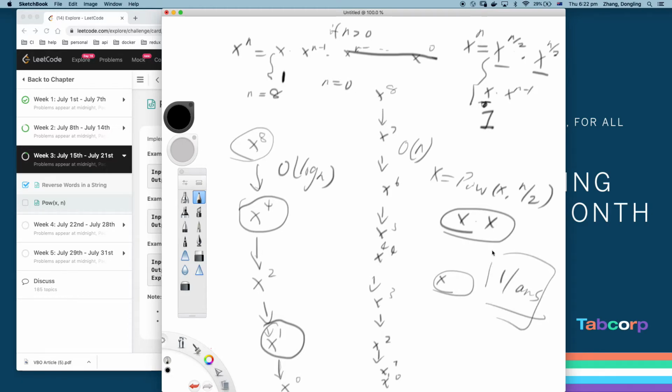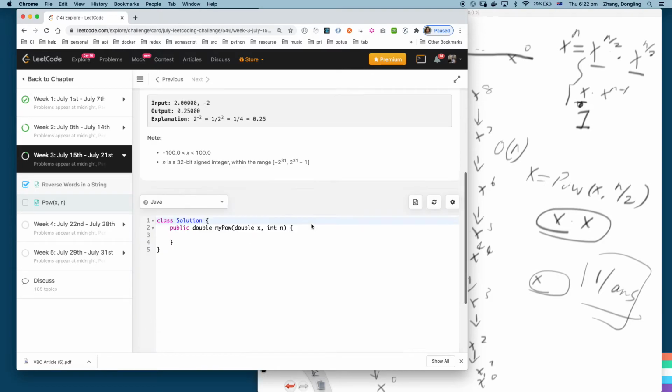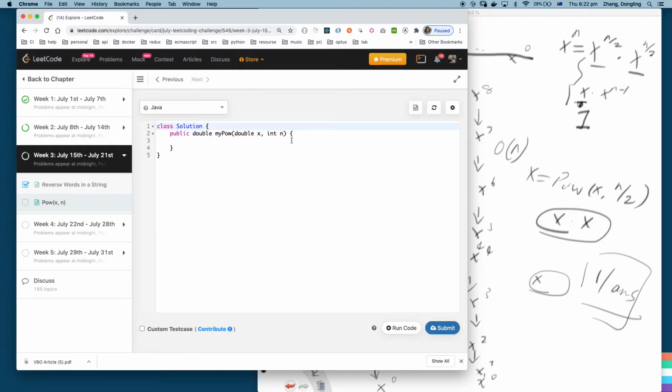Now let's write the code. When we write the code, we can optimize it. We are going to receive this n. In case it is too big, we make it a long, and then we use m to check whether this n is greater than 0 or not. If it is greater than 0, a positive number, just keep n.